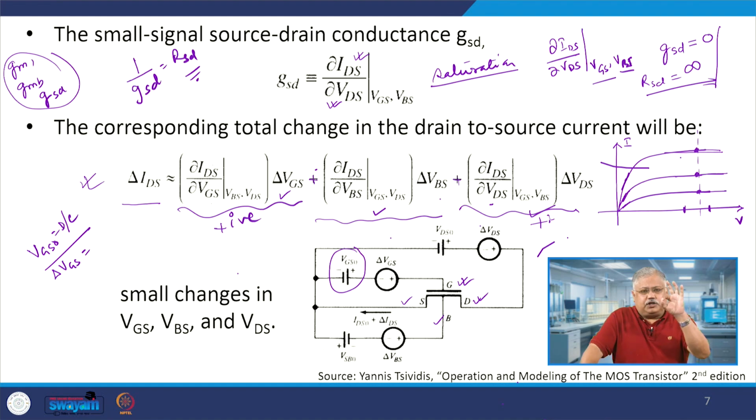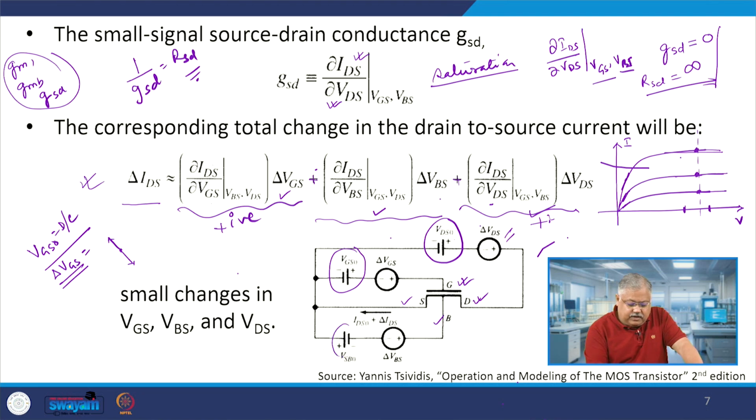So I have a VGS0 fixed point, and then it goes up and down depending on the variation in the value of VGS, in a very low frequency mode. Similarly, we have VDS0, again positive bias with respect to source, and superimposed on that you have del VDS, we have VBS0, and we have superimposed on that del VBS.